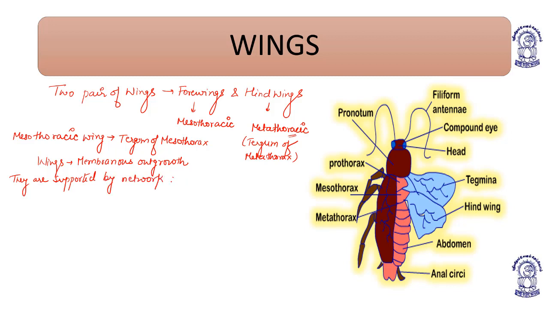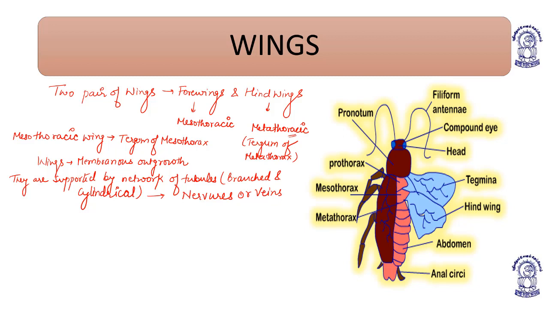These tubules are branched and cylindrical. Okay? So these tubules are known as what? Nervures. Okay? So nervures or veins, they actually support the membranous outgrowth, that is wings.